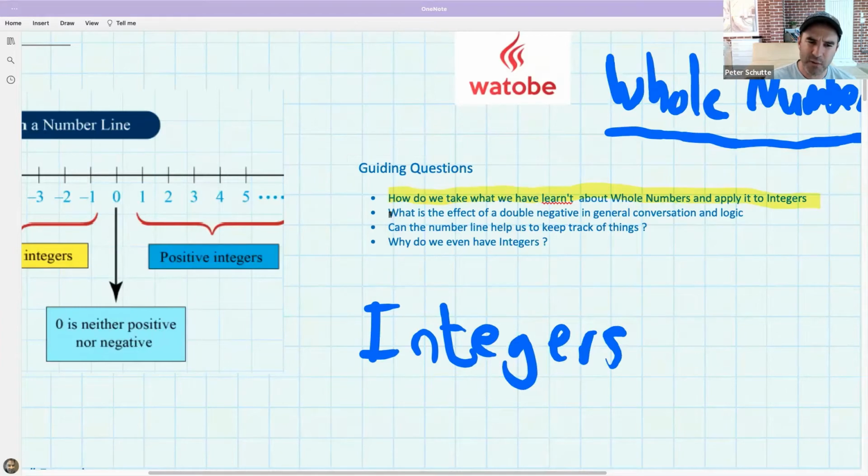Then the other thing I want to ask you about is, what is the effect of a double negative in general conversation and logic? This is actually where I want to get some feedback in the chat. If I say that I'm not hungry today, what does that mean?